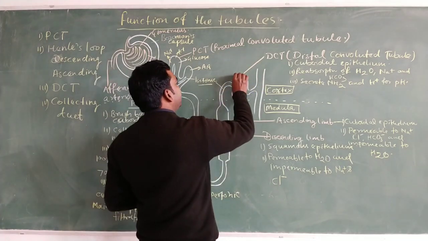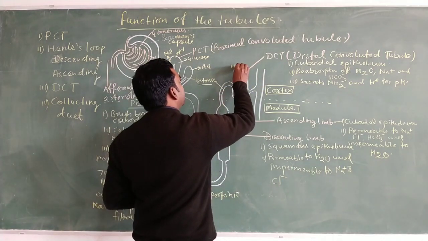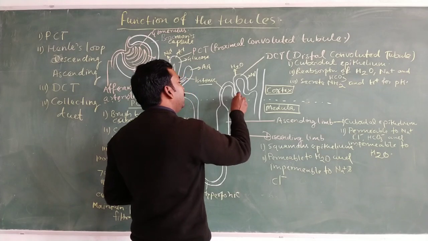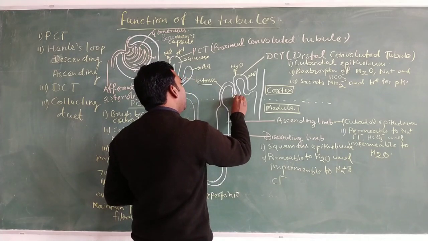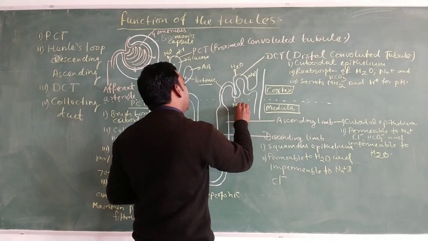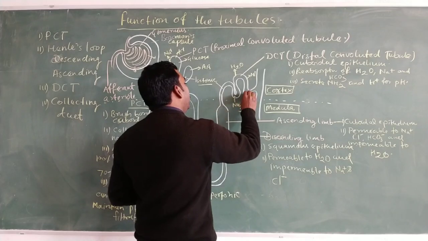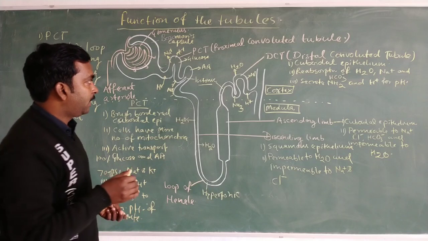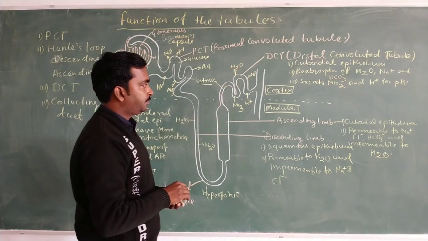It means here the water and sodium ion get reabsorbed, while the ammonia and hydrogen ion get secreted into the filtrate in the DCT region.